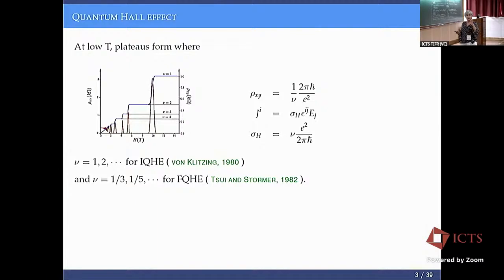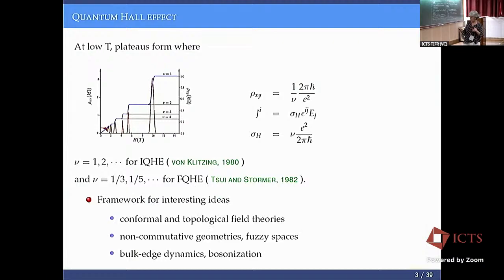Okay, so in this talk, I'm going to talk about the integer quantum Hall effect, because in that case, we can understand the physics and the dynamics in terms of free electrons. For the fractional quantum Hall effect, Coulomb interactions play a very important role, and there is not an analytic understanding why these particular fractions appear.